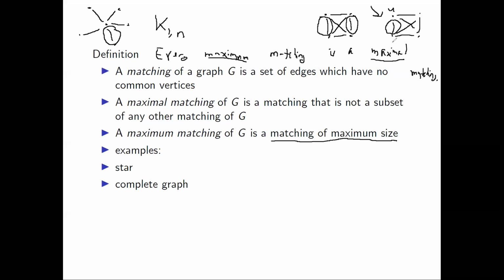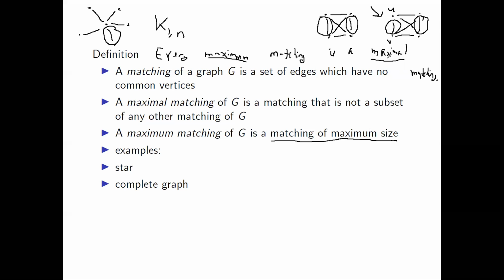Like they're called U and V, then there's their names right there. But if we have just a single edge in this matching of K4, we can always add another edge to it. We can add the edge that is on the other 2 vertices in the K4. So the maximal matchings in K4 will have size 2.